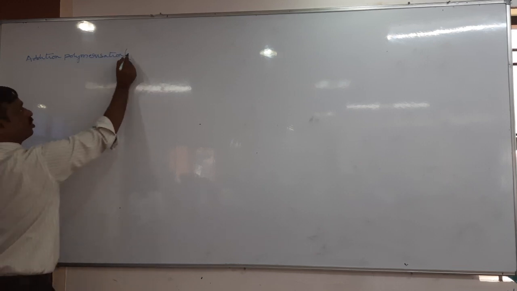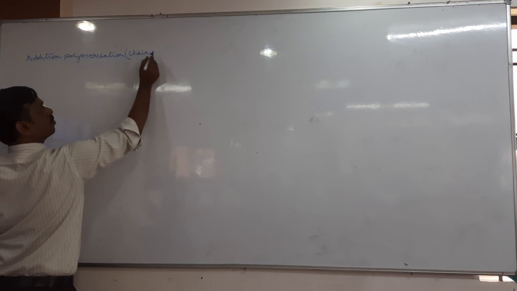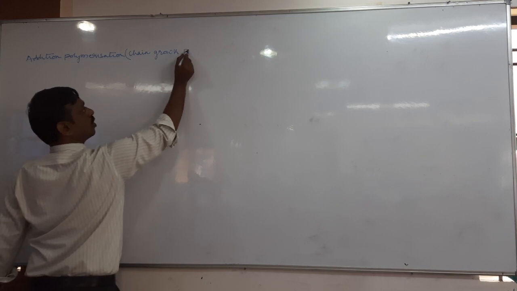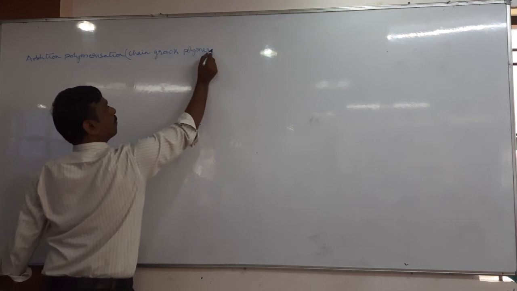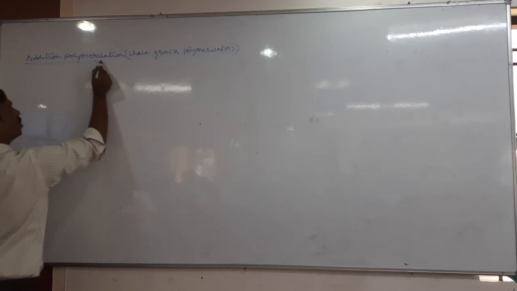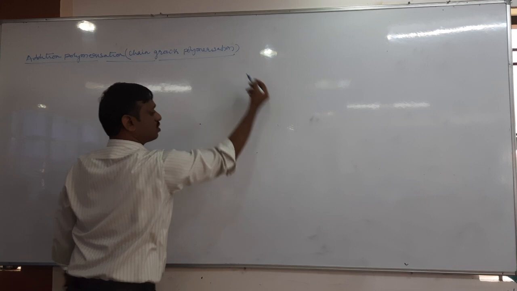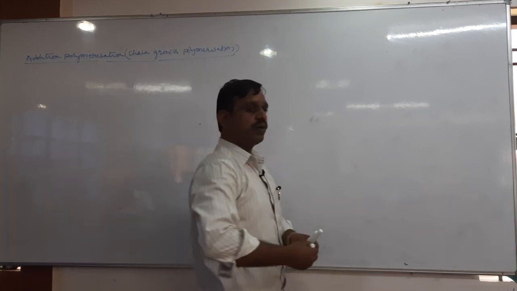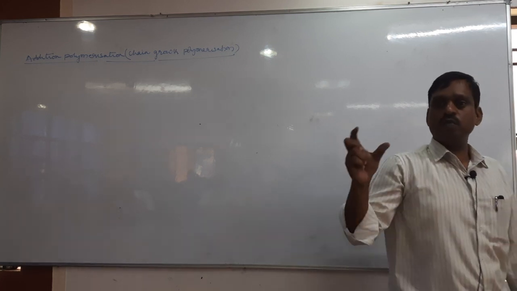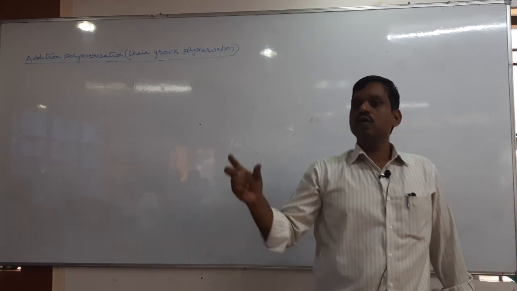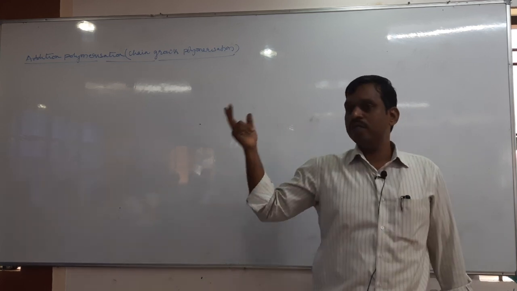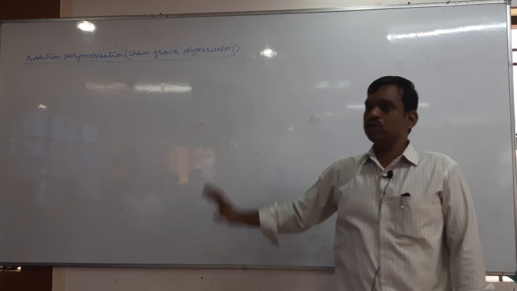So what is an addition polymer and what is addition polymerization? An addition polymer is the polymer obtained by addition of monomers having double or triple bonds, and this process is called addition polymerization, which is also called chain growth polymerization.